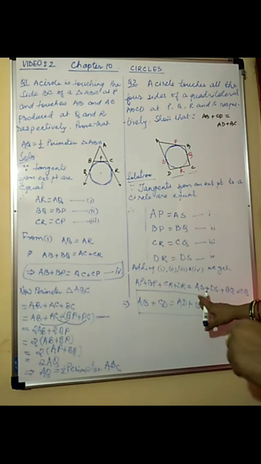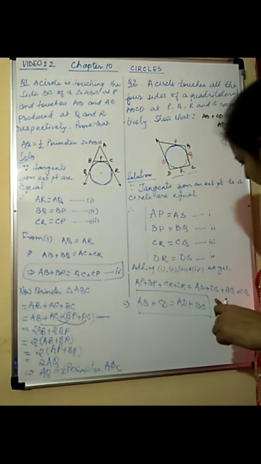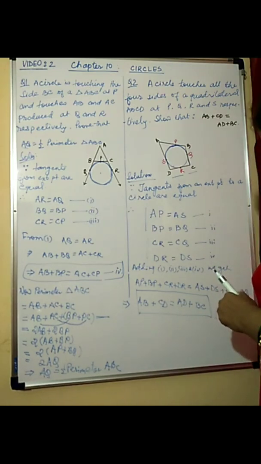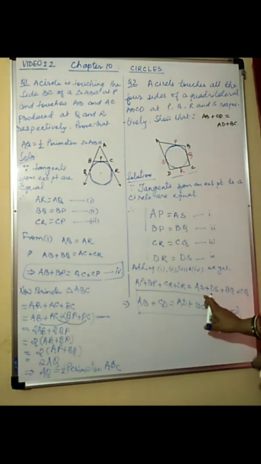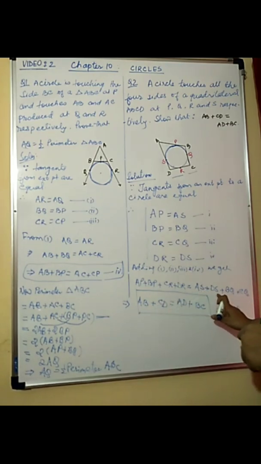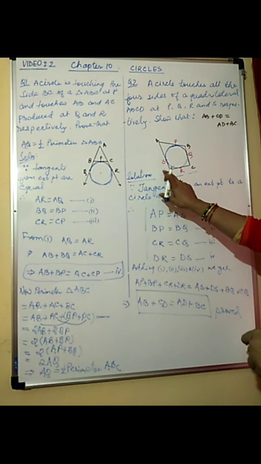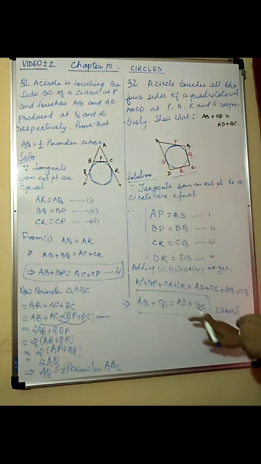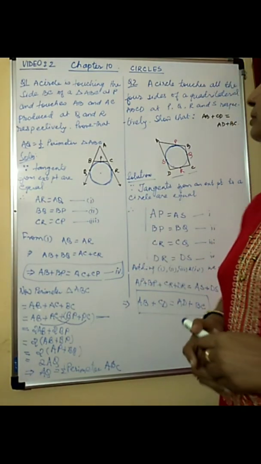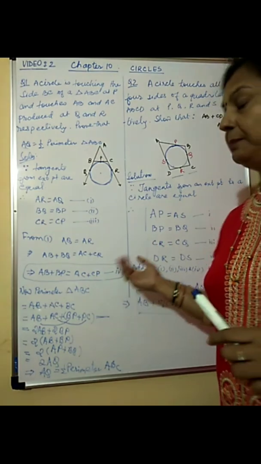So on RHS we can arrange it as AS plus DS plus BQ plus CQ, which you can clearly see. So you have AB plus CD is equal to AS plus DS, which is AD, plus BQ plus CQ, which is BC. So AB plus CD is equal to AD plus BC, proved. So these are the two important questions based on the second theorem.